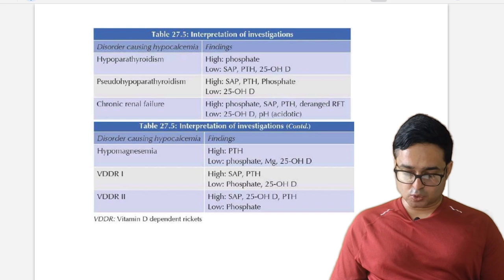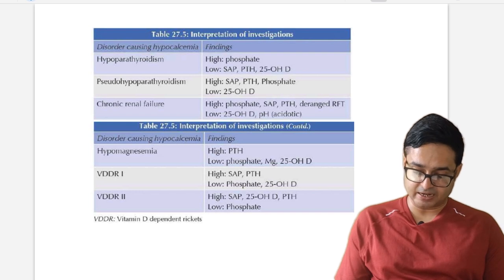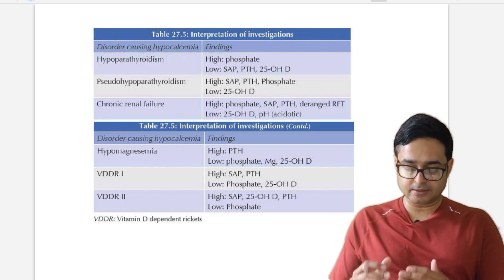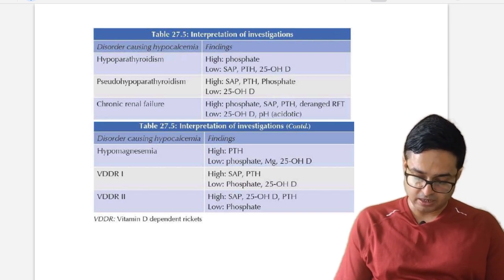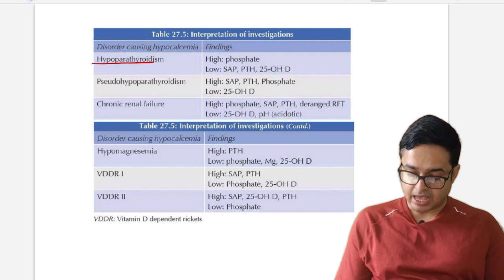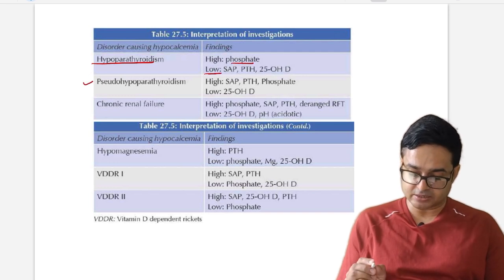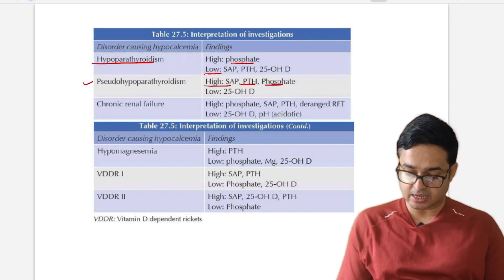Okay, so interpretation of investigations. This is ultra important, and it will take another full lecture to explain this congested looking table. For now, remember hypoparathyroidism is high phosphate, other things are low. Pseudohypoparathyroidism: serum alkaline phosphatase is high, PTH is high, phosphate is high, but vitamin D is low.